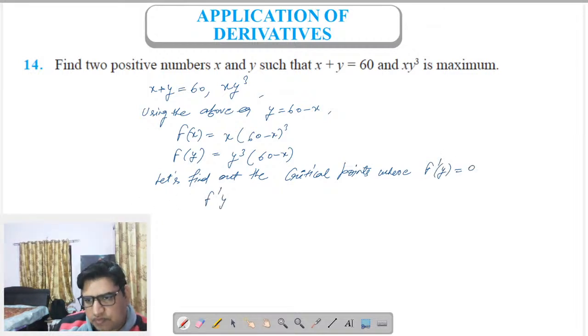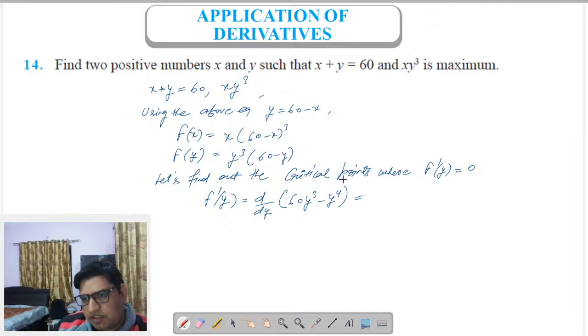So here we have f dash y, and that is d by dy of y cube (60 minus y). ठीक है, तो यहाँ पर एक्स वाई क्यूब था, सो वाई क्यूब इज एज इट इज, एक्स की जगह हमने 60 माइनस वाई रख लिया, ठीक है, एंड दैट विल बिकम 60 y cube minus y to the power 4, and if we differentiate that function, that will be 6 3s are 180 y square minus y cube.